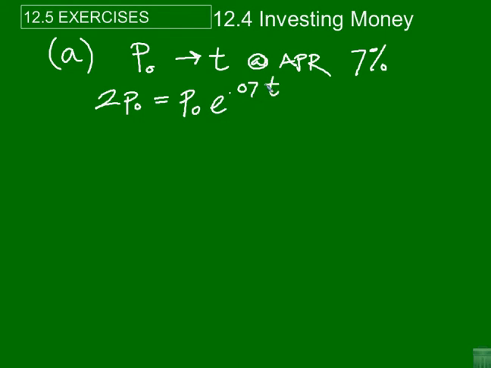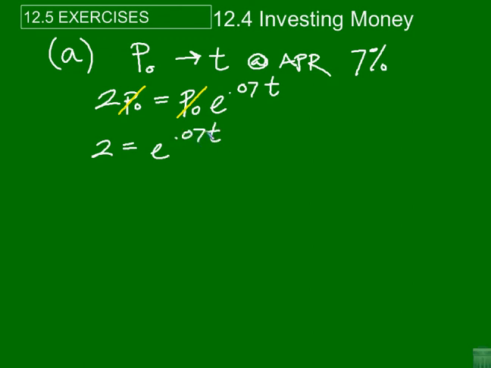I put in 0.07 because that's 7%, and since it's compounding continuously, I can use e as my base. As you can see, the P0s cancel out, so they don't even really factor into the time frame. It's just going to tell you how much you're going to end up with at the end. So I now have a new equation: 2 equals e to the 0.07t.